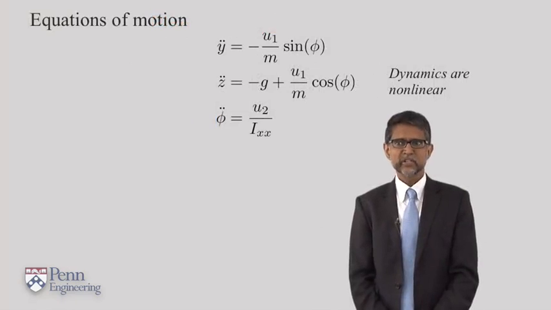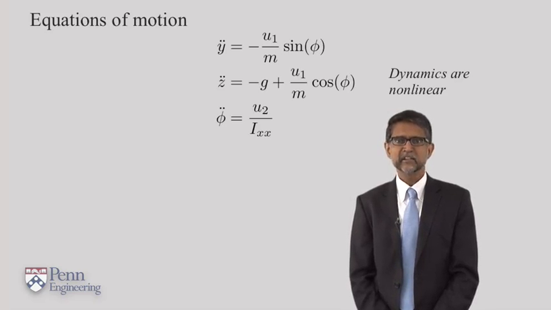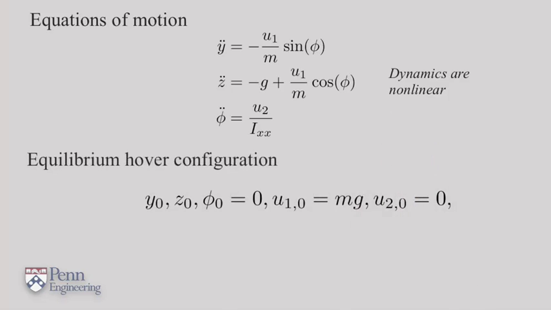If you look at the equations of motion, you will notice that they're nonlinear. The nonlinearity here comes only from the fact that we have the sine of phi and cosine of phi. Let's consider these equations of motion at a hover configuration. We define a hover configuration at y equal to 0, z equal to 0, and phi equal to 0.